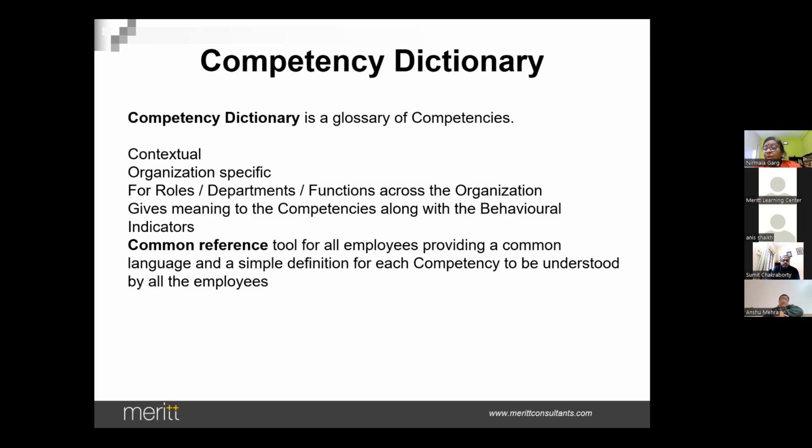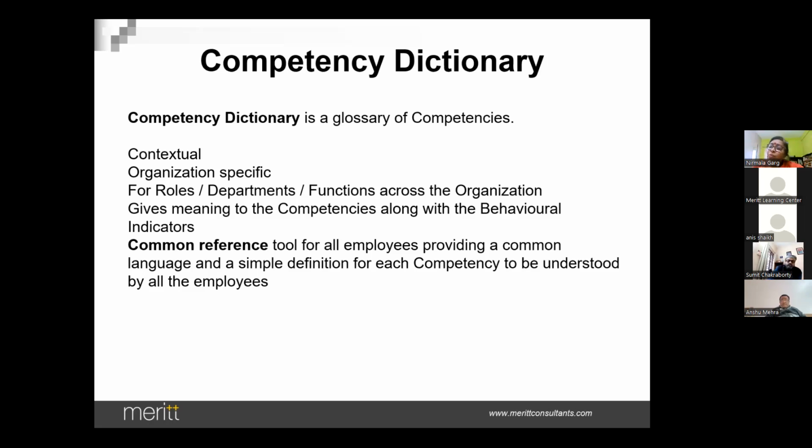And when you are making a dictionary, these competencies have to be in the organization's context. A dictionary written for Talbros will be only for Talbros, because of that context.